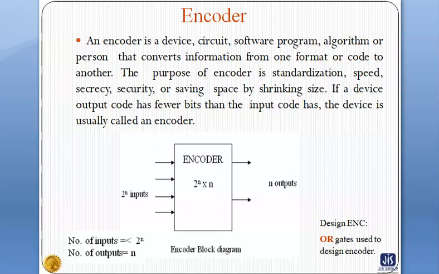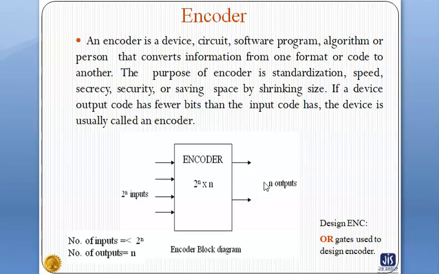Now, if we define encoders, we can say an encoder is a combinational circuit that converts binary information from the form of 2 to the power n input lines into n output lines, where the output represents an n bit code.